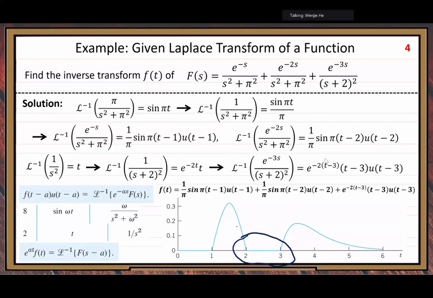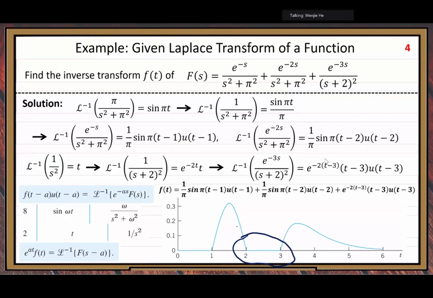Then before 2, the first term is non-zero, but the second term is 0 and the third term is also 0, because the second term starts non-zero at the point 2.